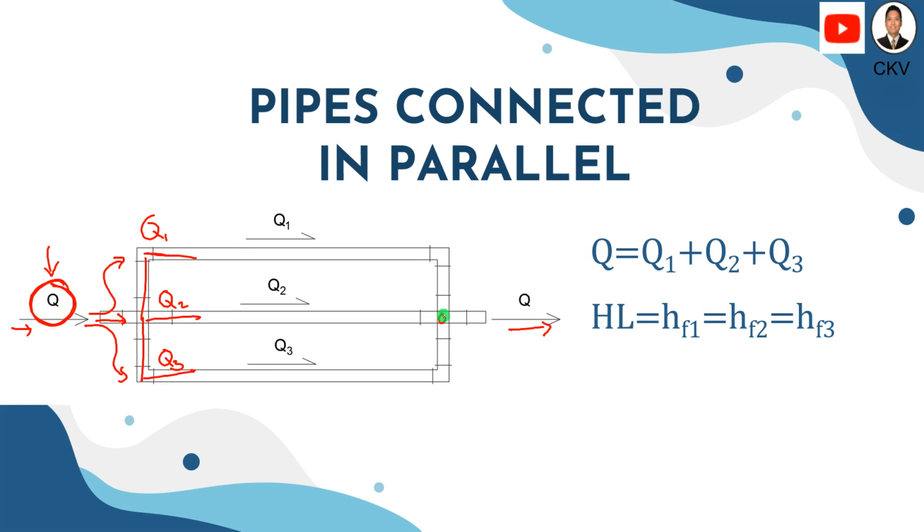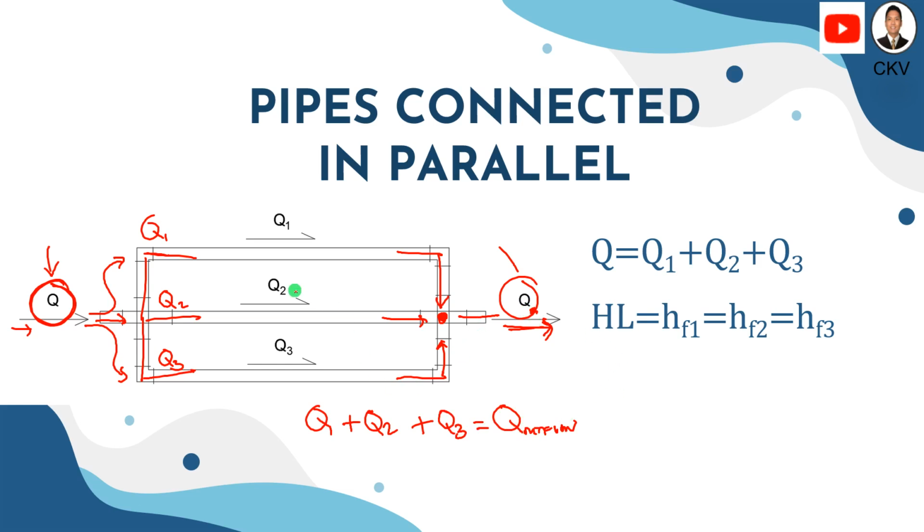The same way, considering this point of connection between the three pipes and going to the outflow, our outflow discharge Q is just the same as the inflow. And then we can simply say that the discharges Q1, Q2, and Q3 sum to the discharge on the outflow.